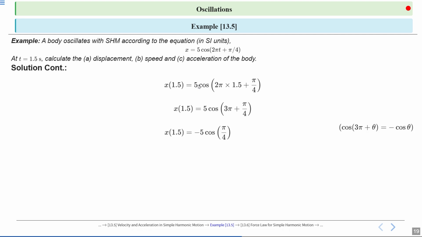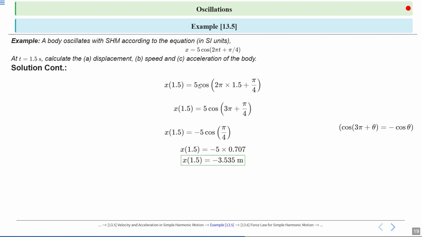So it will be x of 1.5 is equal to minus 5 cos pi by 4, as we know, cos of 3 pi plus theta is equal to minus cos theta. So it will be x of 1.5 is equal to minus 5 into 0.707. So solving this, you will get x of 1.5 is equal to minus 3.535 meter.